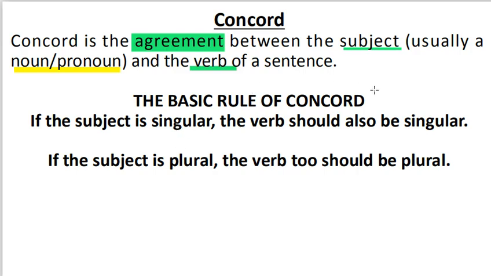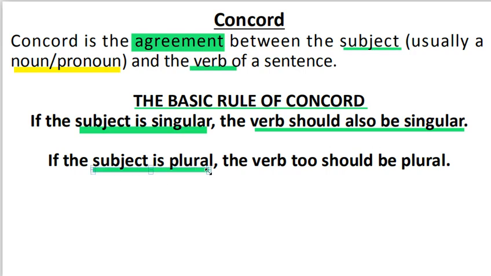The basic rule of concord is that if the subject is singular, the verb should also be singular. If the subject is plural, the verb too should be plural. So when the subject is singular and the verb is also singular, or the other way around, when the subject is plural and the verb is also plural, we say that the subject and the verb agree.